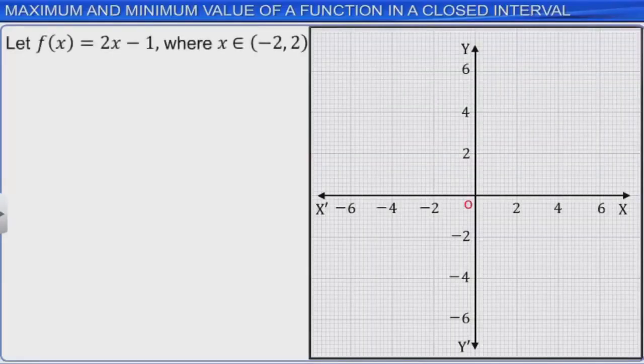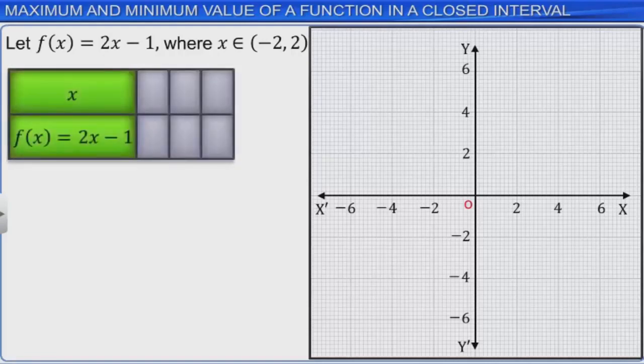Consider a function f of x equal to 2x minus 1, where x belongs to the open interval minus 2, 2. The ordered pairs satisfying the function f of x are minus 1, minus 3; 0, minus 1; and 1, 1.